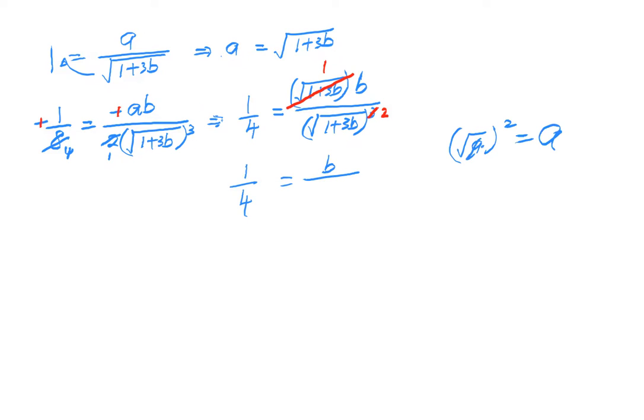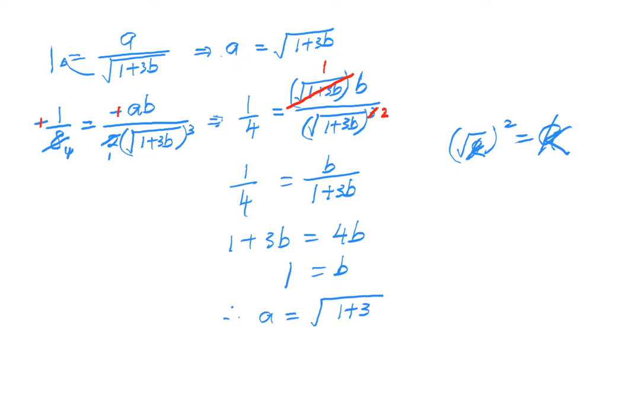Or I put K instead of A, not to confuse you. All right. So now can I write this as 1 plus 3B? So 1 plus 3B is equal to 4B. So the B is equal to 1. So therefore, the A equal to square root of 1 plus 3B. That is square root of 4. That is 2.